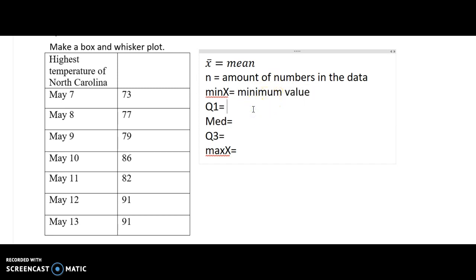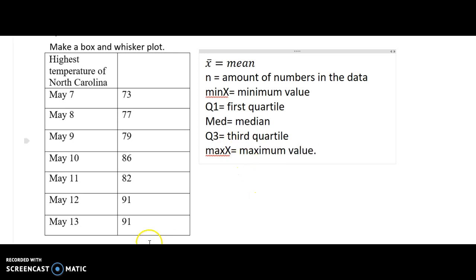Q1 is going to be the first quartile. The MD is going to represent the median. Q3 is going to represent the third quartile. And maxX is going to represent the maximum.